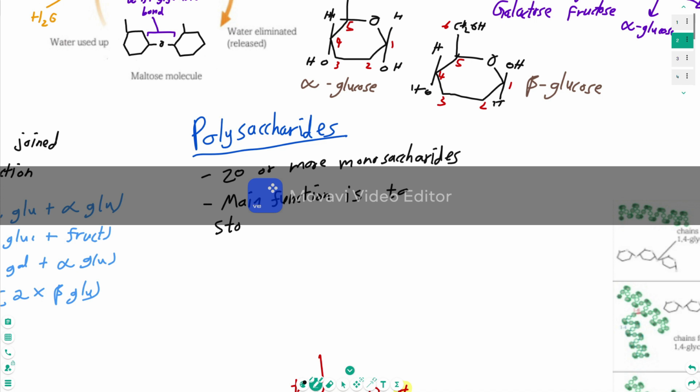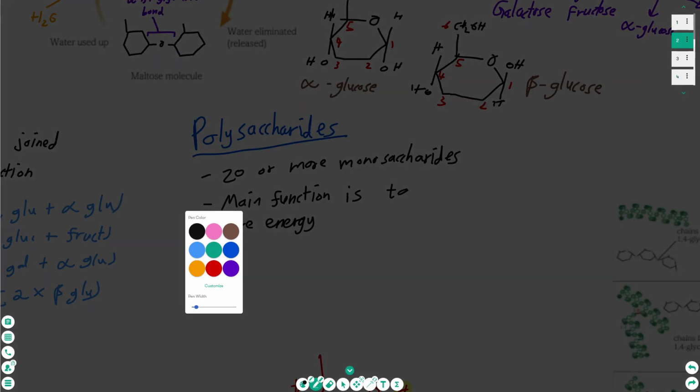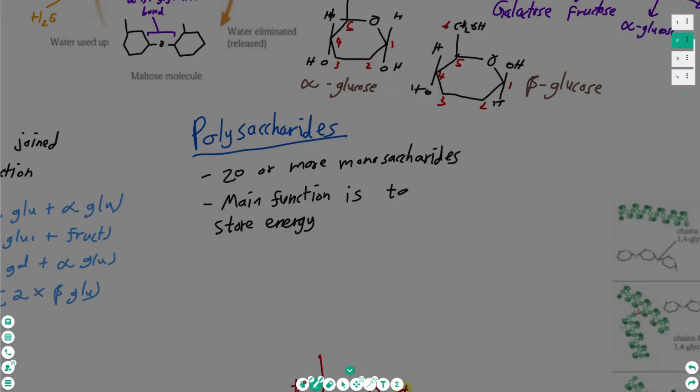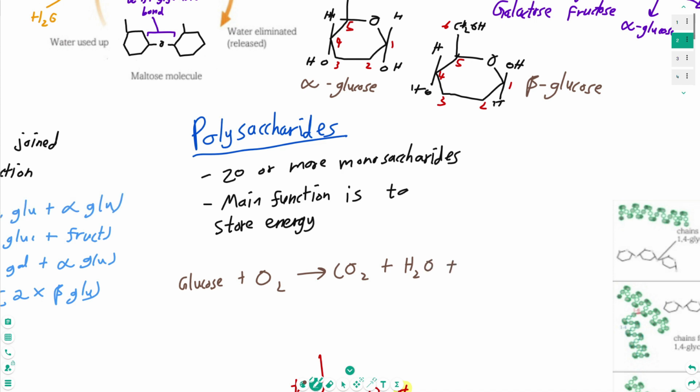They act as energy storage. If you may know, cellular respiration involves this equation: glucose plus oxygen goes to CO2 plus H2O plus ATP. What ATP is you won't know now, you'll learn about it more next year.